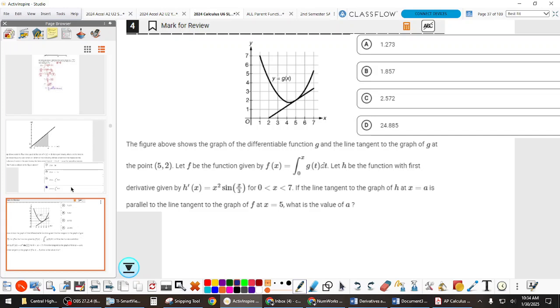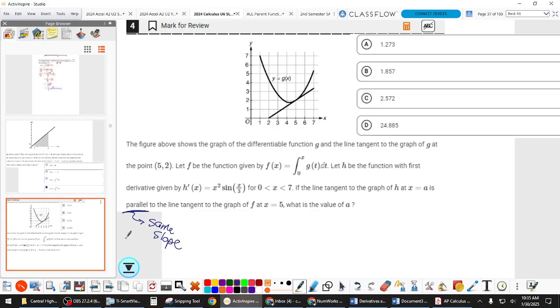Okay, so here's what he said. Remember tangents, not tangent. Parallel means what? What's equal? Same slope.